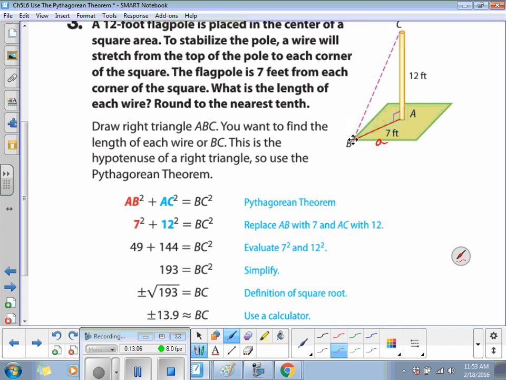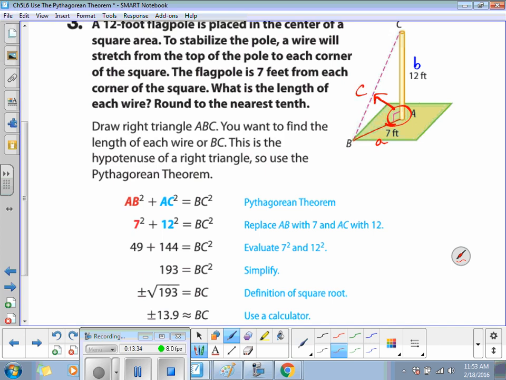Our B is going to be what? The 12 or the pink dotted line? No. The 12. This is going to be our B. Because remember, the hypotenuse, C, is always opposite the right angle, right? So, here's the right angle. So, C is right here. Everybody clear?